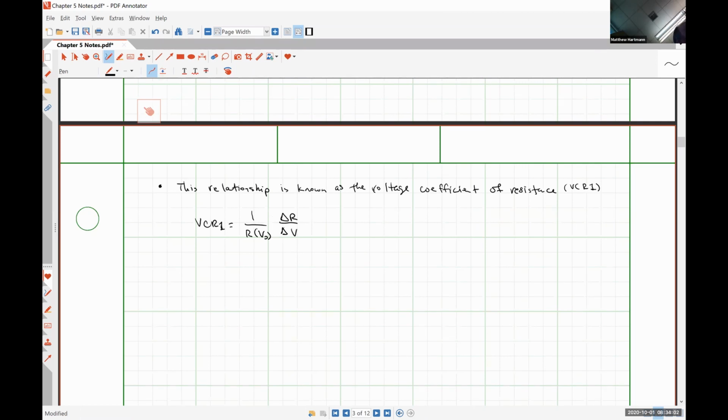I've got something in my notes here that says where V is the average voltage applied to the resistor. Okay, so I think that actually should be delta V. Let me double check that. Yeah.